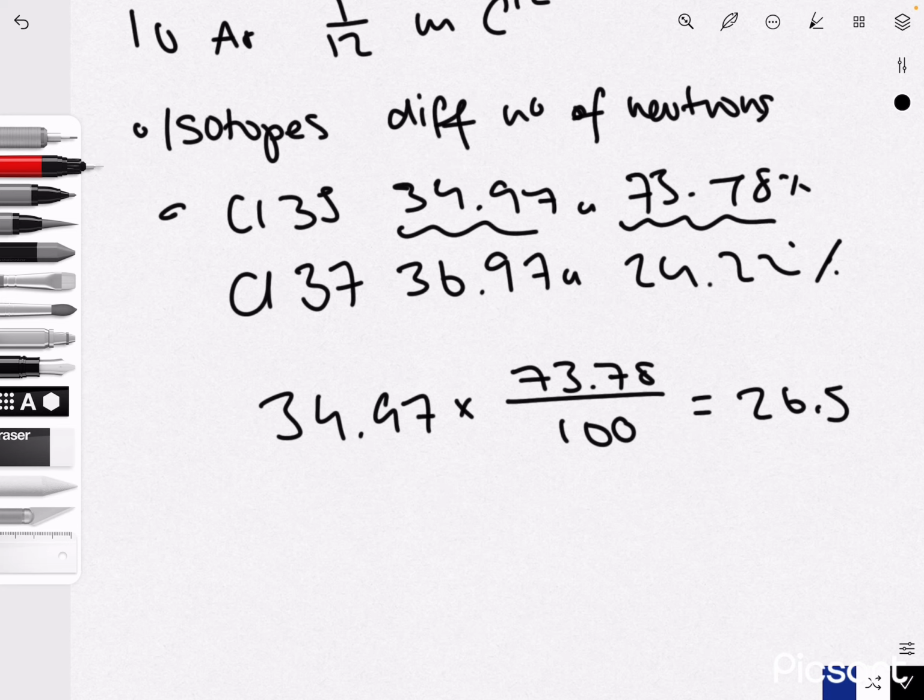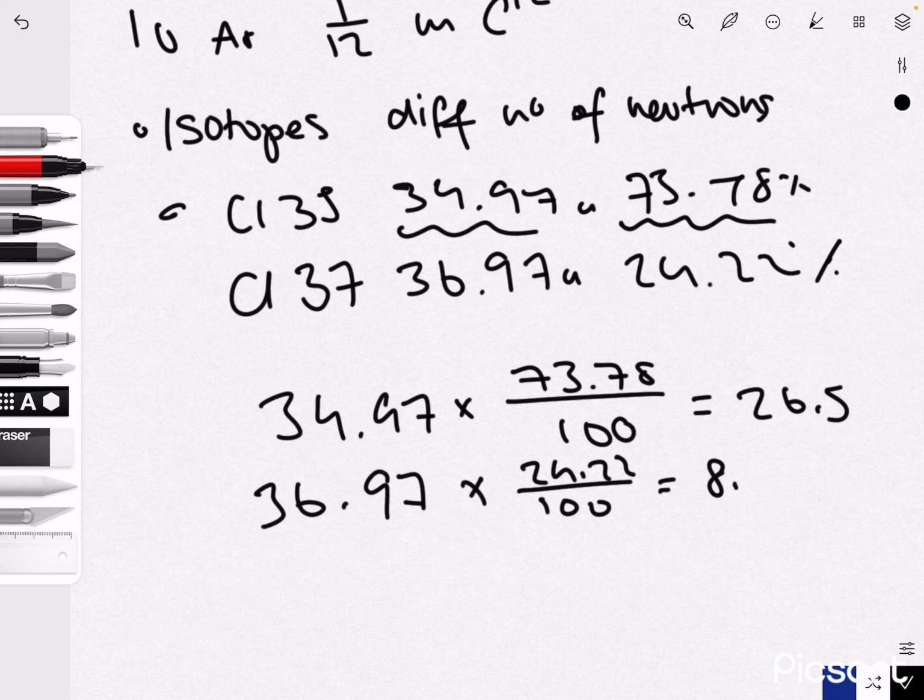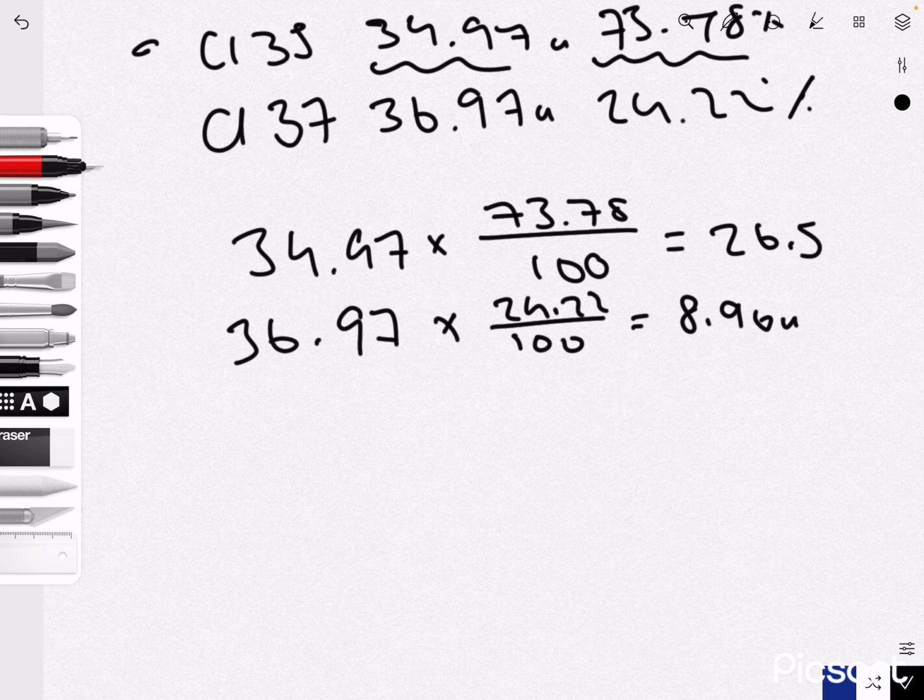We'll do the same for our chlorine-37 isotope, which will give us 8.96. Then we sum the products to get the atomic mass of chlorine. So 26.5 plus 8.96 will give us 35.46.